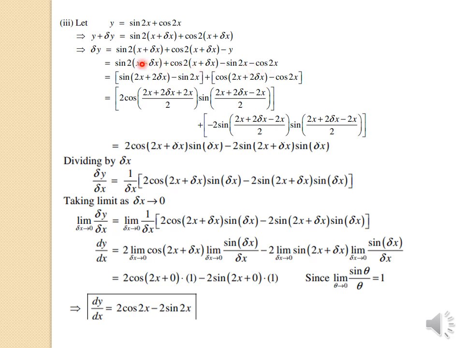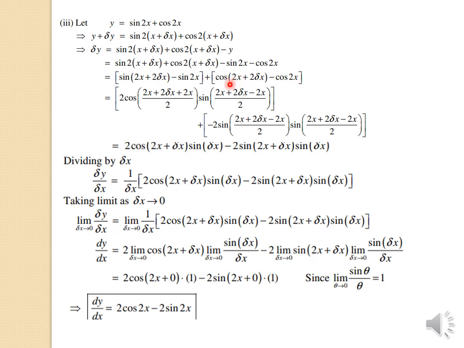In the next step, we arrange the terms: sin of 2x plus 2 delta x minus sin 2x, plus cos of 2x plus 2 delta x minus cos 2x. And in the next step we apply the sum to product formulas. So the formula of sin alpha minus sin beta equals 2 cos of alpha plus beta upon 2 into sin of alpha minus beta upon 2.